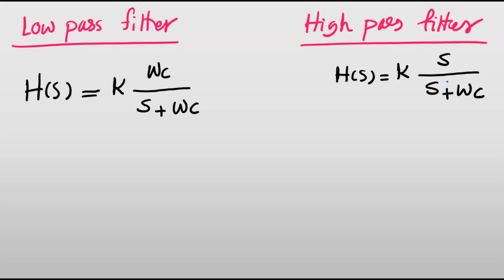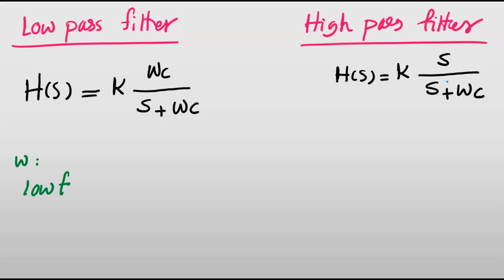In order to figure out if you are looking at a high pass filter or low pass filter, what you have to do is evaluate your transfer function at low and high frequency. So you have to look for the values where omega is very small and when omega is very large. So let's assume that omega is very small. So I'm focusing on low frequencies.